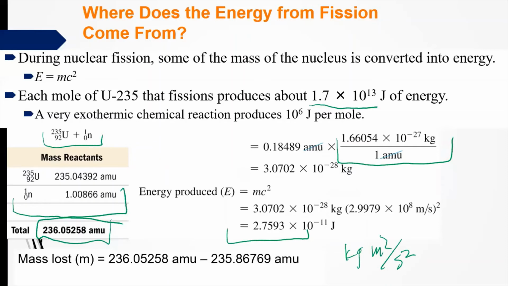And you can see that there's a ton of energy that gets released as it goes through that process. Now this is the joules per 1 atom, or 1 nucleus really, and if we multiply that by 6.022 times 10 to the 23, that's how we can convert this to 1.7 times 10 to the 13 joules per mole.